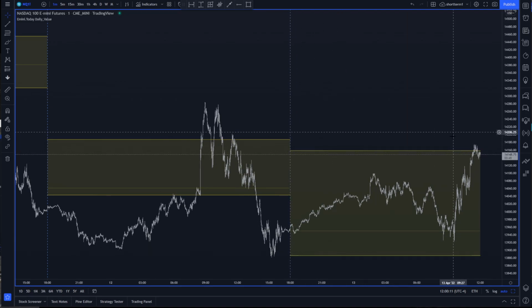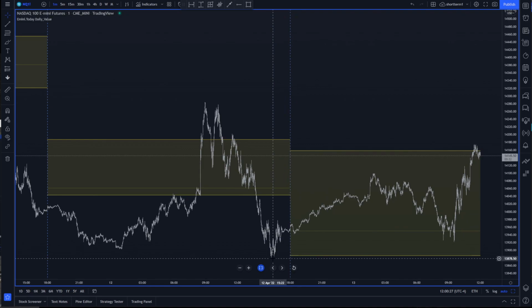So this value area actually belongs to this day, and what I want to know exactly is what the close at 18:00 was in relation to the value area. In this case, NQ closed inside of the value area. It may close outside of the value area, or exactly at it, or just a couple ticks shy of either high or low value.